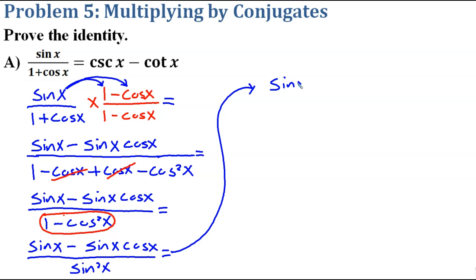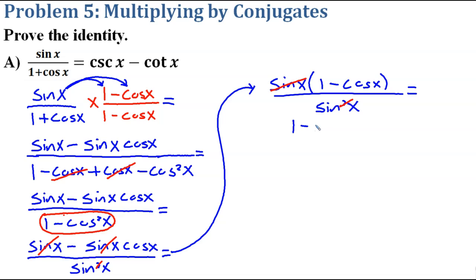I can factor the sine x out and rewrite that as sine x times 1 minus cosine x over the sine squared x. And now I can reduce the sine x and the squared piece will cancel. And I suppose I could have done that at this point just by canceling both these signs with the squared. I need to be able to do it in all the terms though. So what I have then is 1 minus cosine x over sine x.